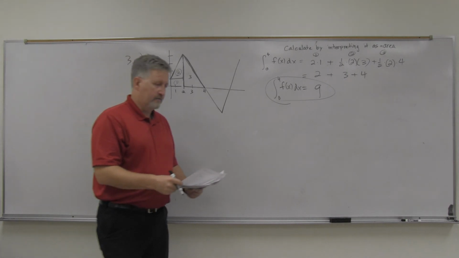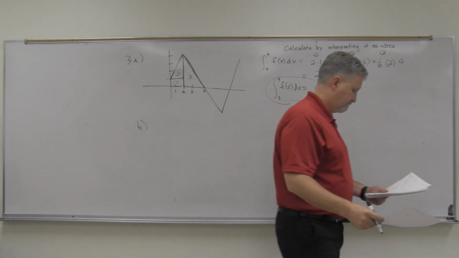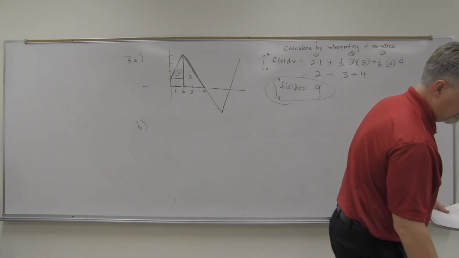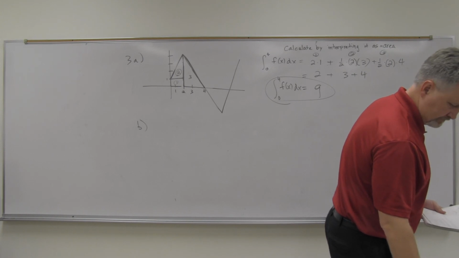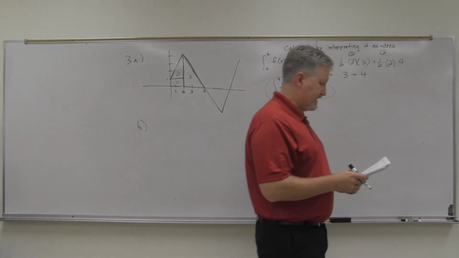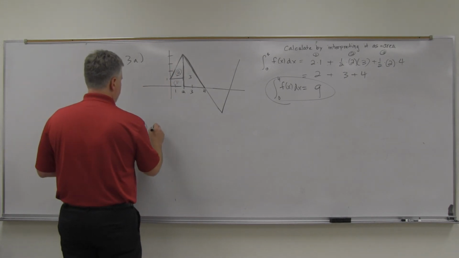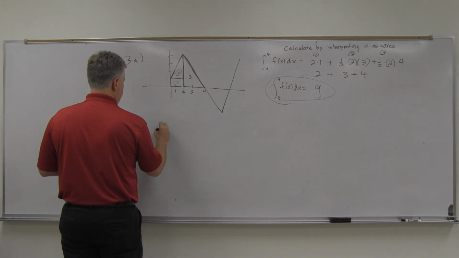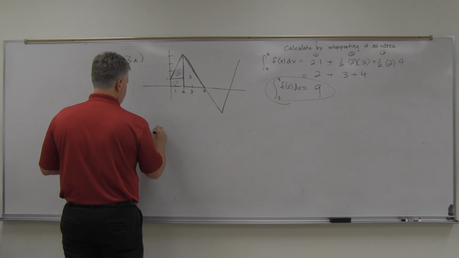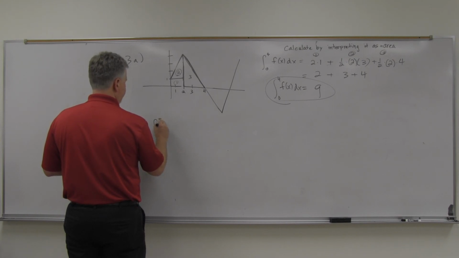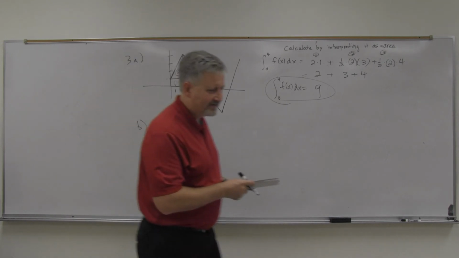Okay, we do 2b. For 2b, let's go from 2 to 8. Yeah, 2 to 8.